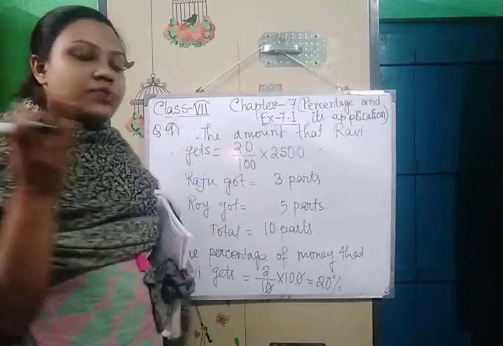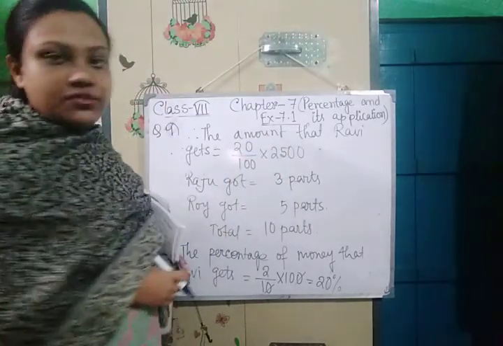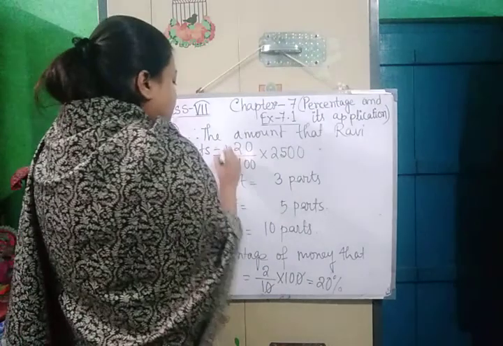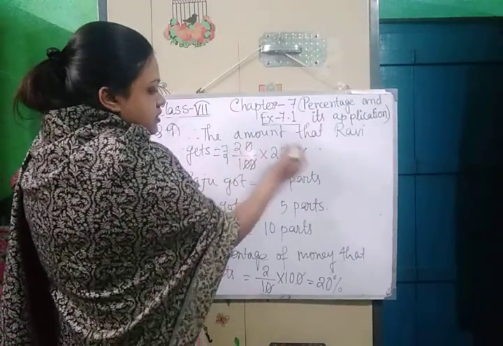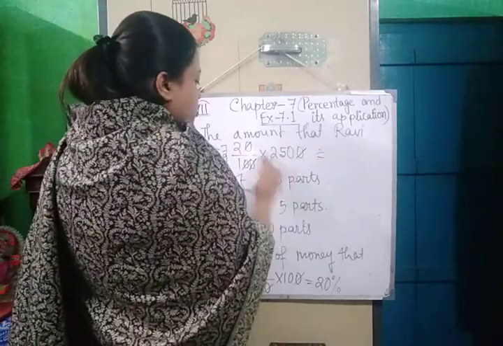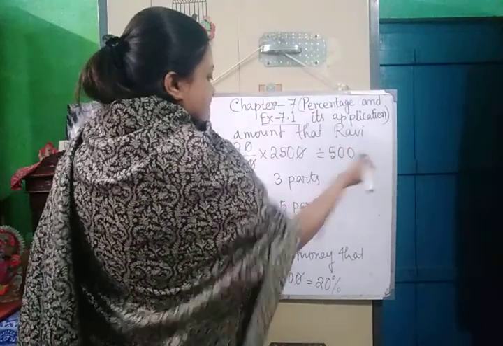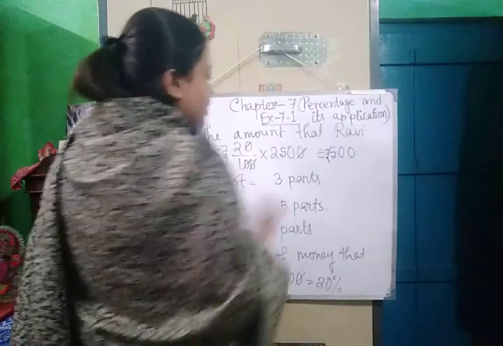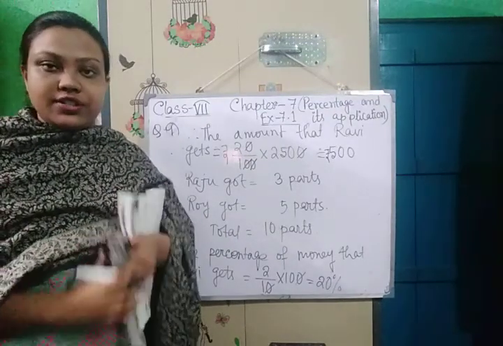If we convert it to a fraction, it will be 20 by 100. Of means multiplied by 2500. Don't forget to write here rupees. So now we will do the cancellation. 0 0 cancelled. So 250 into 2 will be 500 rupees. So Ravi gets rupees 500. Okay.